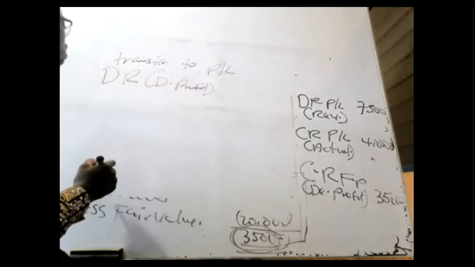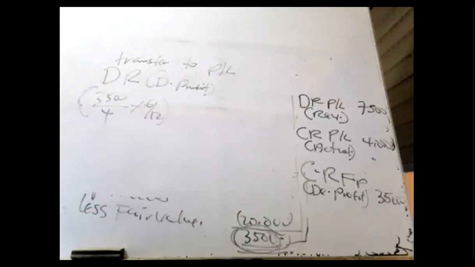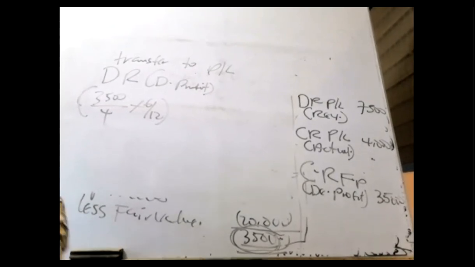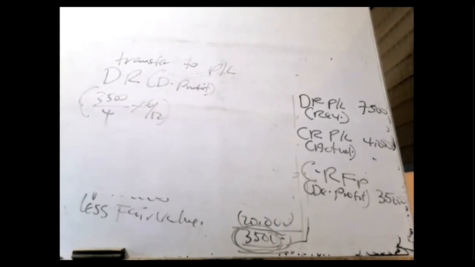Into bracket, do the calculation: 3,500 divided by 4, this is 1 year, times 6 out of 12. That should give us 438, right? To the nearest whole number. 438, agreed.